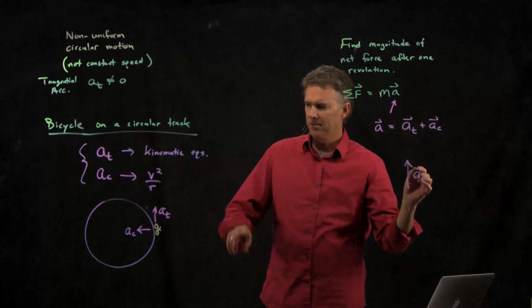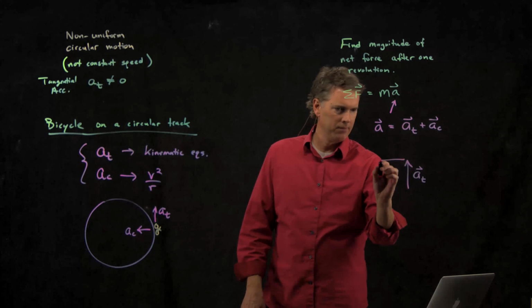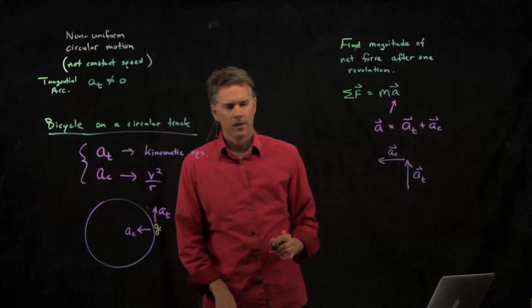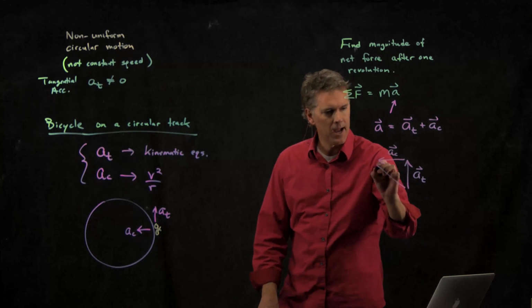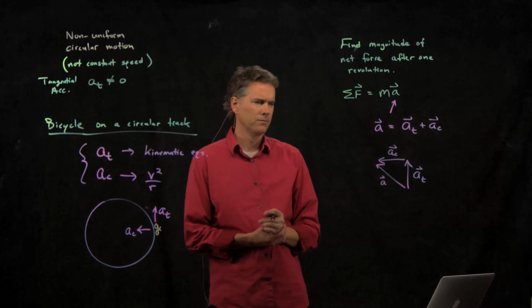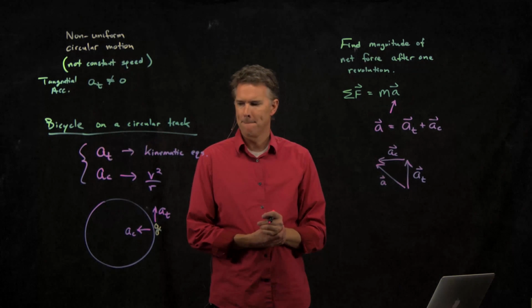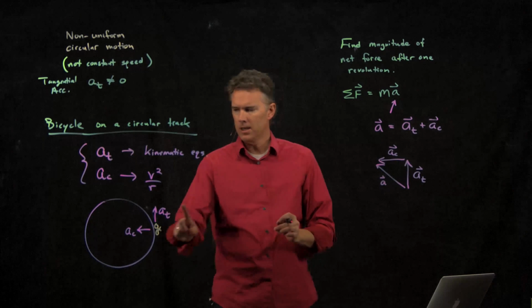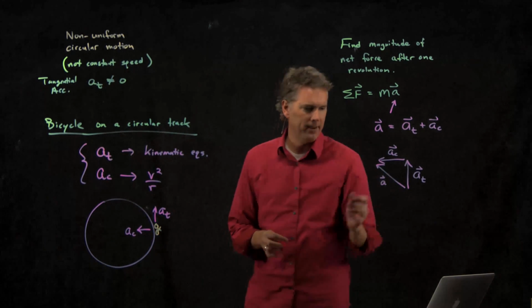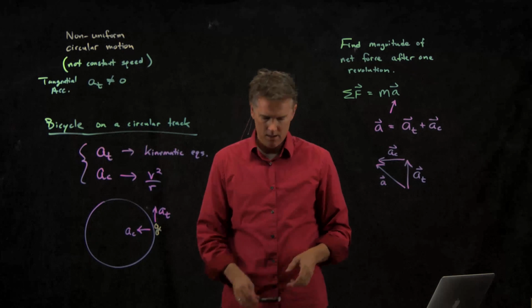I'm going to add a sub c, which is to the left. And my net vector a is therefore right there. Okay, so it's actually sort of at an angle, the net acceleration a.